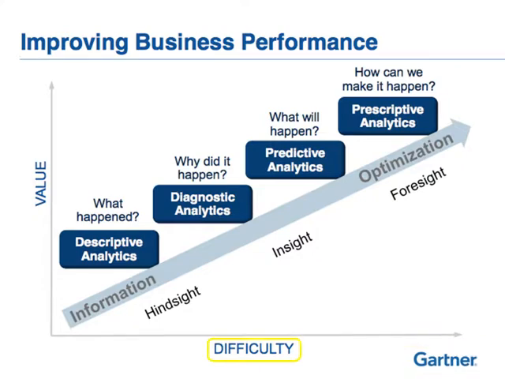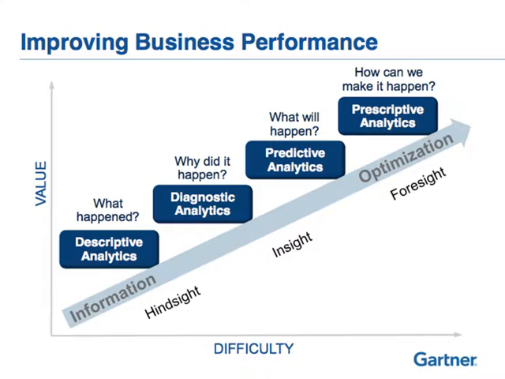Along the horizontal axis, we have the difficulty of the technique, whereas along the vertical axis, we have the value to the organization. So not surprisingly, as the tools become more difficult to use, they also become more valuable. And that's really what we want to do in this course, is sort of climb our way up this ramp to the more valuable tools.